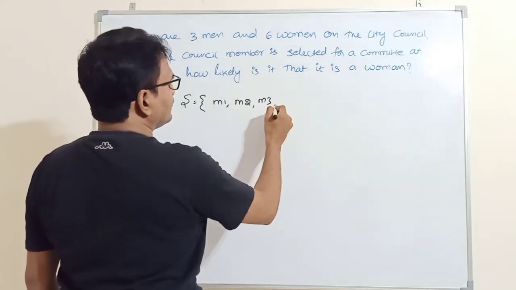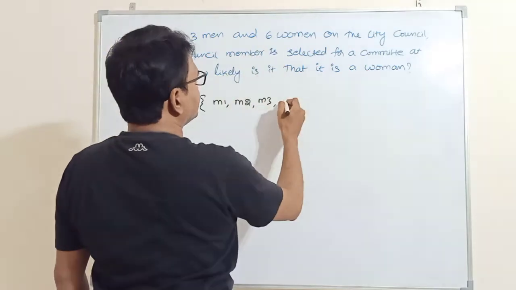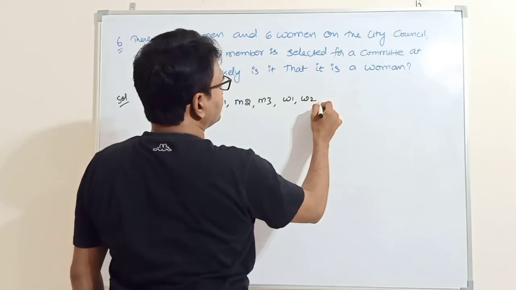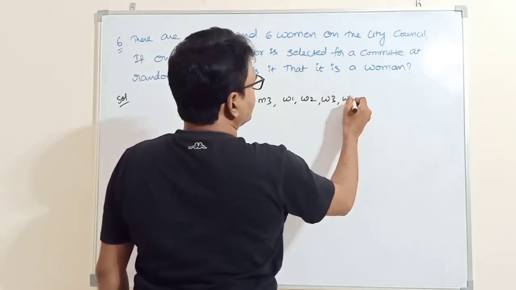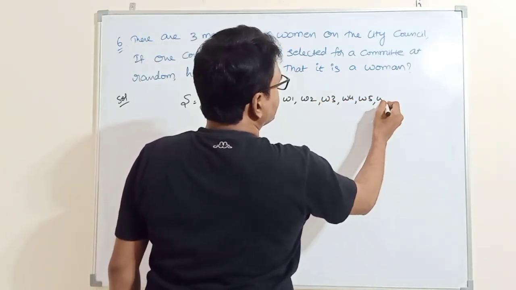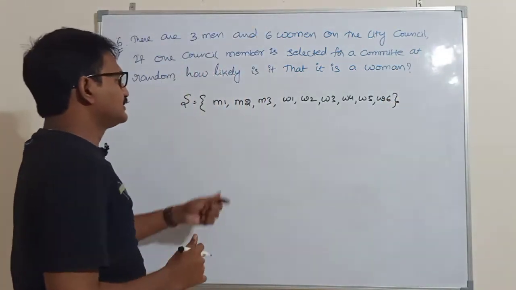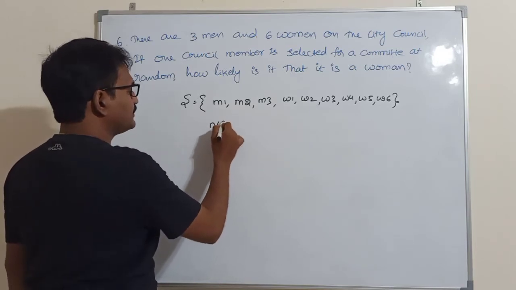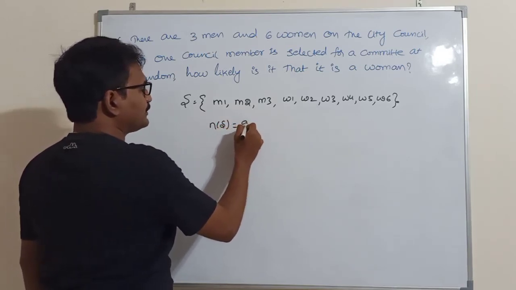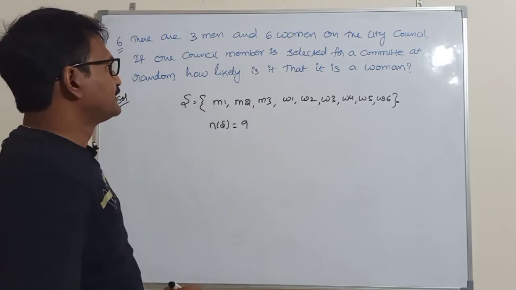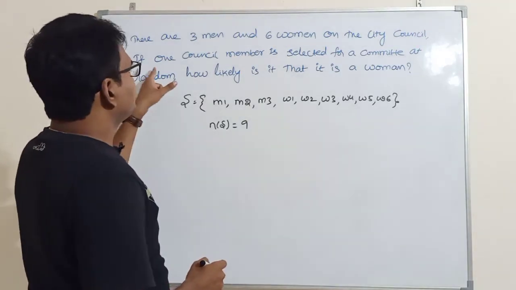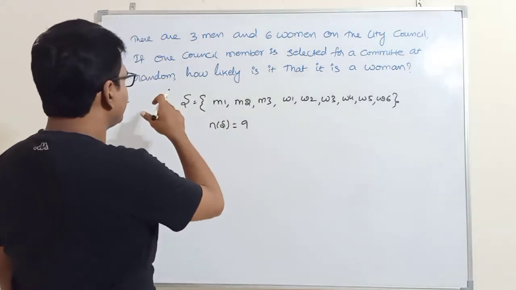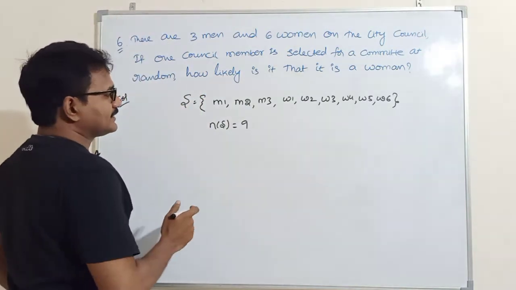Then woman 1, woman 2, woman 3, woman 4, woman 5, woman 6. So the total number of members is 9. Out of 9 we are selecting one for a committee at random. How likely is it that it is a woman?